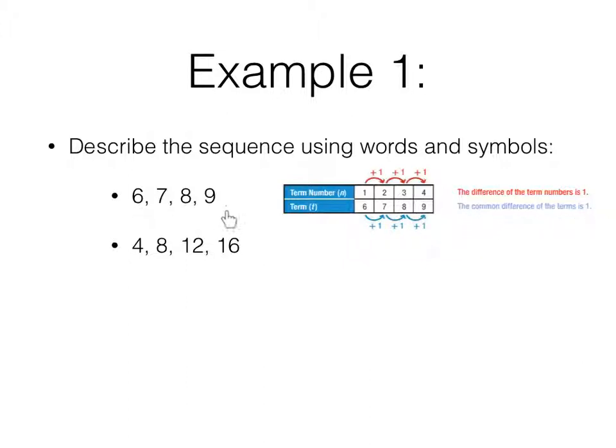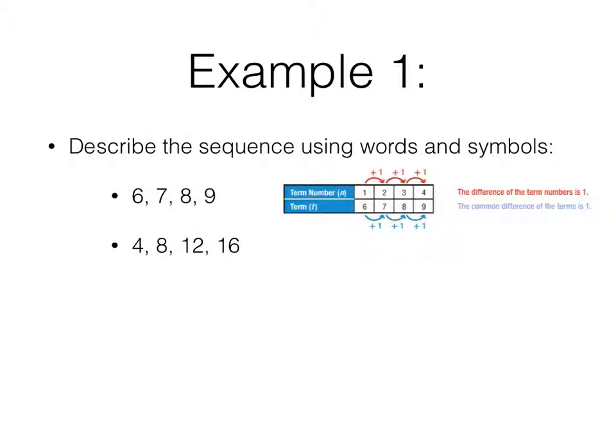So this is indeed an arithmetic sequence, and all of the ones we're going to look at for the rest of our video are going to be arithmetic. The ones we're going to use are going to be arithmetic. Furthermore, in this particular sequence, we notice that the term itself is 5 more than the term number.